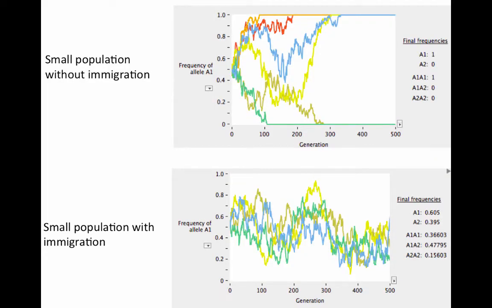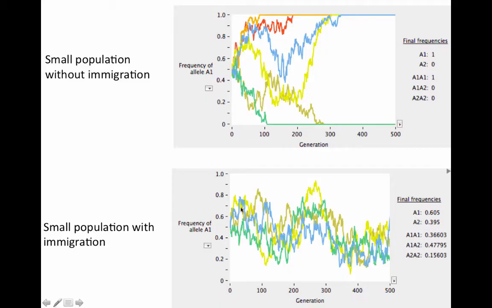In allele A1, if you run some simulations, you can see that without immigration in a small population, you get this fixation or extinction happening. But if you allow immigration from another population, this can lead to more stable populations.